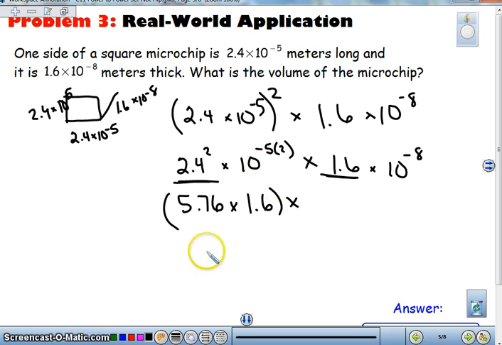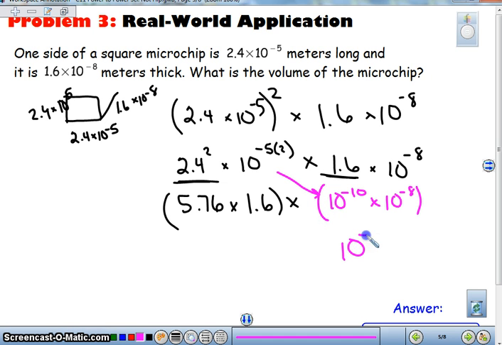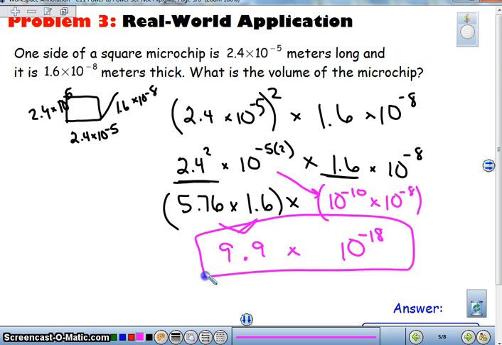Then I have my 10 to a power. The first 10 to a power was 10 to the negative 10, times 10 to the negative 8. This is going to end up being 10 to the negative 18. Remember, you add when you multiply. And now we're going to multiply 5.76 times 1.6. That gives us 9.2 times 10 to the negative 18 as a solution.